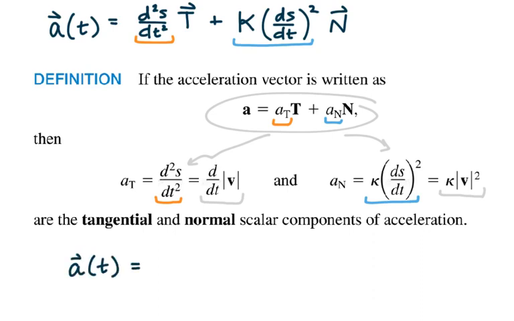A of t equals the derivative with respect to t of the magnitude of my velocity times my unit tangent vector plus kappa times the magnitude of my velocity vector squared times my normal vector. Either definition works, and it's always going to be set up this way.